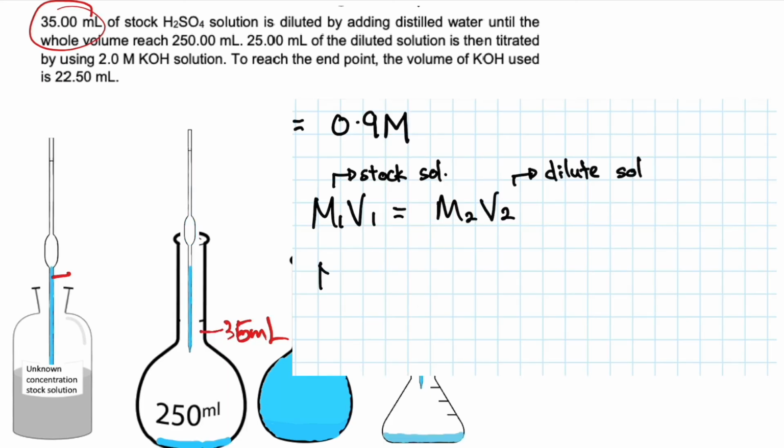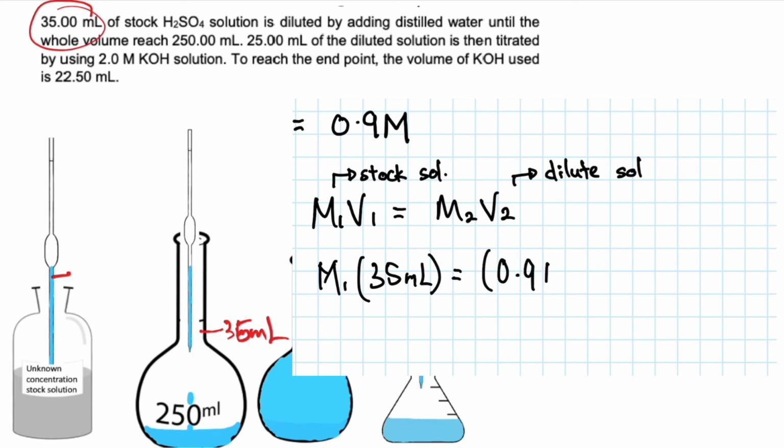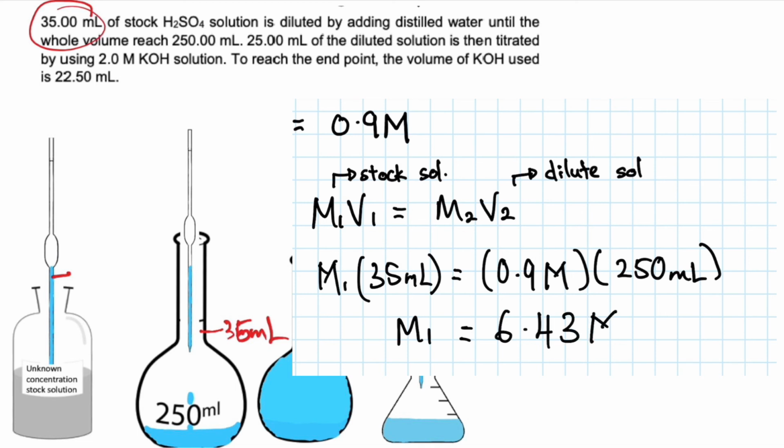Your M1 is unknown and your V1 is going to be 35 milliliter. And your M2 is going to be 0.9 molarity times 250 milliliter. So when you calculate, you're going to get 6.43. Alright, so that's the answer for your stock solution's concentration.